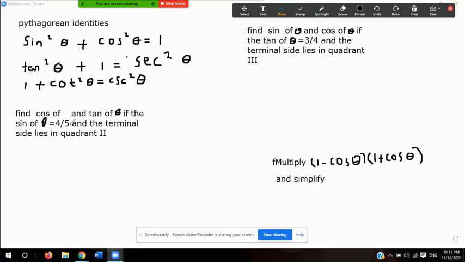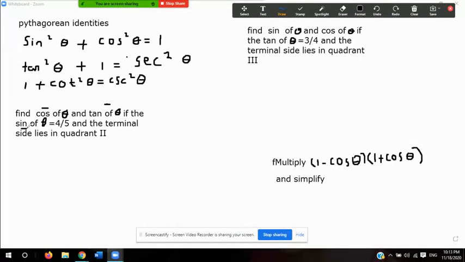Let's look at the problem. They want us to find the cosine of theta, which is this, and the tangent of theta, which is this, and we're being given the sine of theta, which is down here.